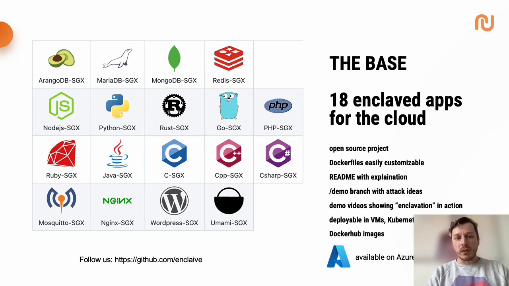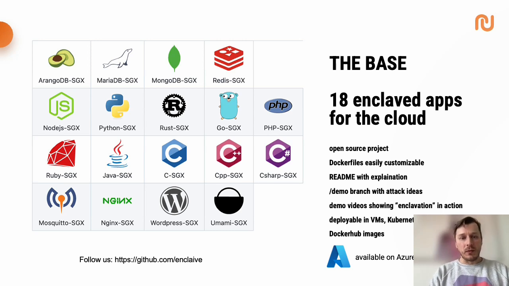So the project comes with documentation, a lot of examples of how you, for example, can customize your enclaves and applications. Some of those repos also have demo branches where we, for example, created some kind of attacks showcasing the power of enclave application versus non-enclave.